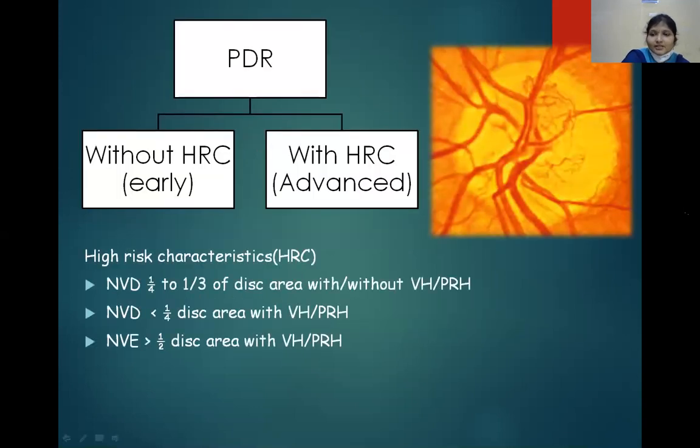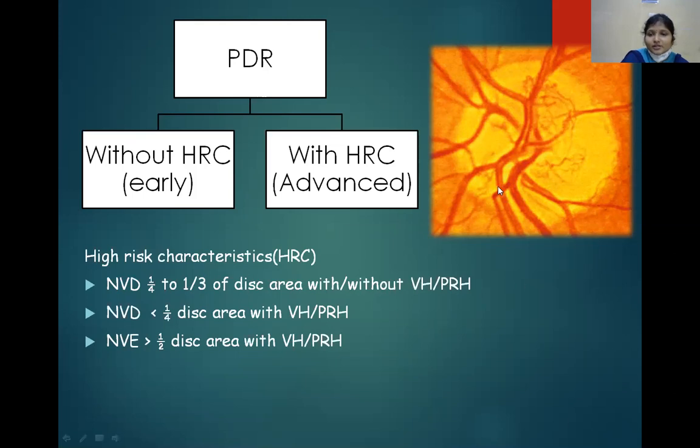PDR is again classified into two types: without high-risk characteristics and with high-risk characteristics. Without high-risk characteristics is called early PDR, and with high-risk characteristics is called advanced PDR. So what are these high-risk characteristics? NVD of 1/4 to 1/3 disc area with or without vitreous hemorrhage.